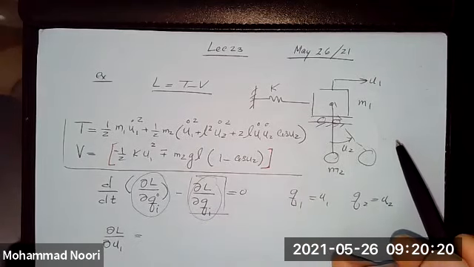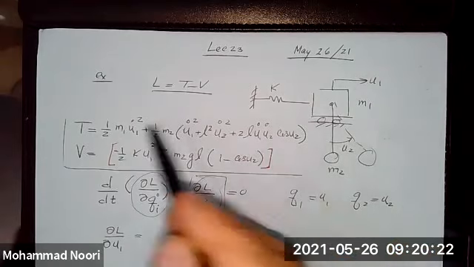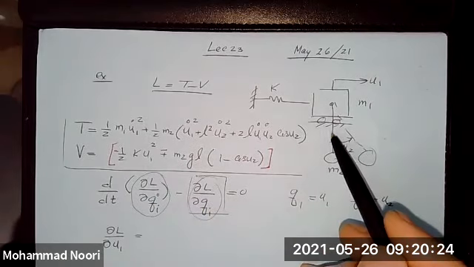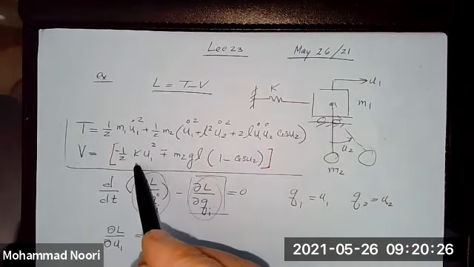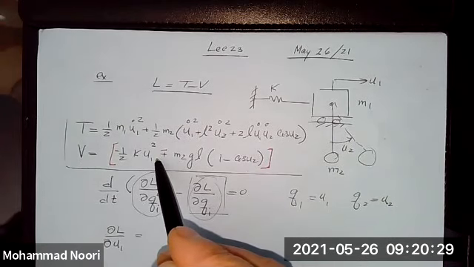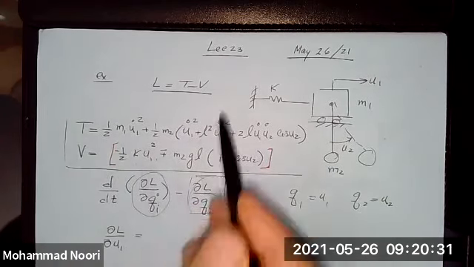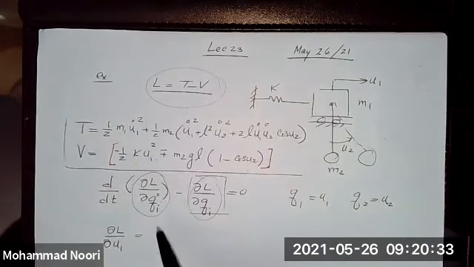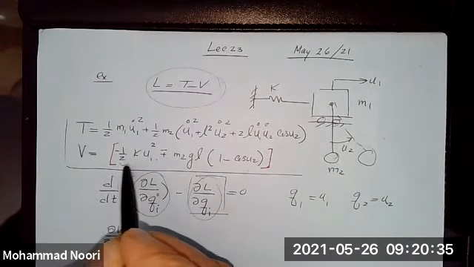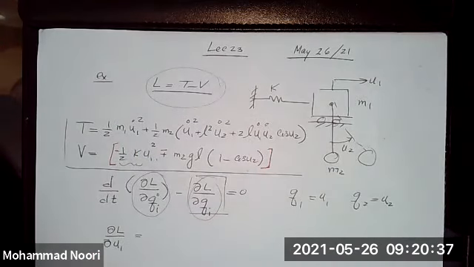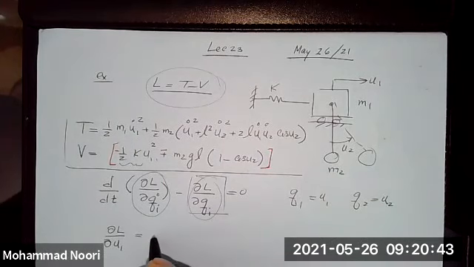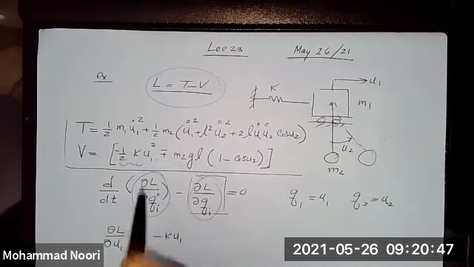Everything else is a constant. You don't have u1 here. You only have u1 here, and that comes out to be negative K times u1.